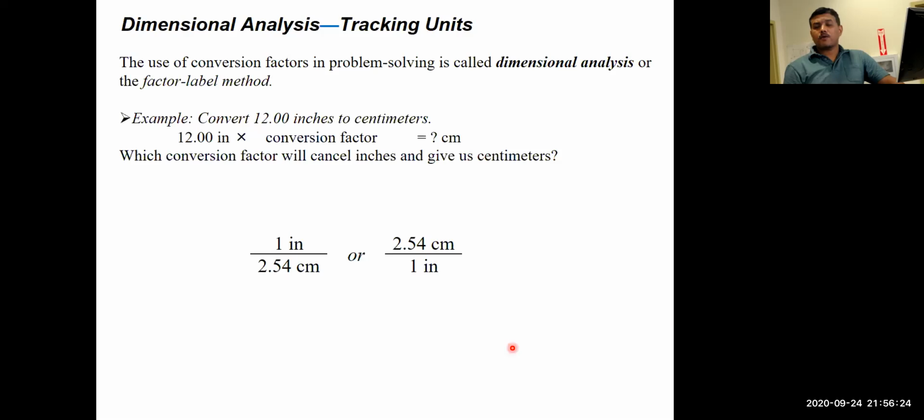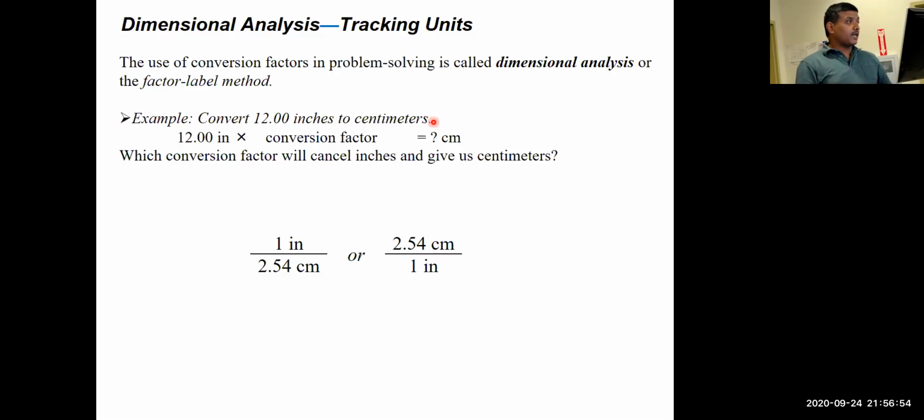Let's practice a problem using that. Let's say you were asked to use the dimensional analysis technique to convert 12 inches to centimeters. You need to find the equality relationship between inches and centimeters, write two possible conversion factors, and pick the right one to multiply with your given information so that you will end up with a new unit.